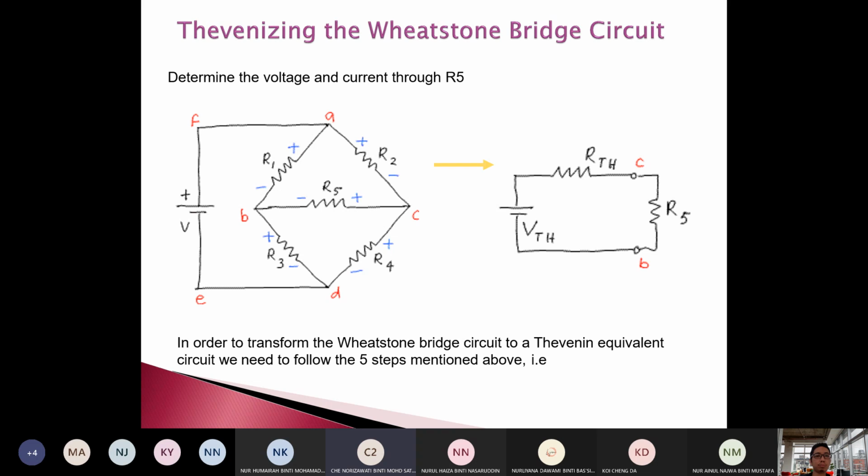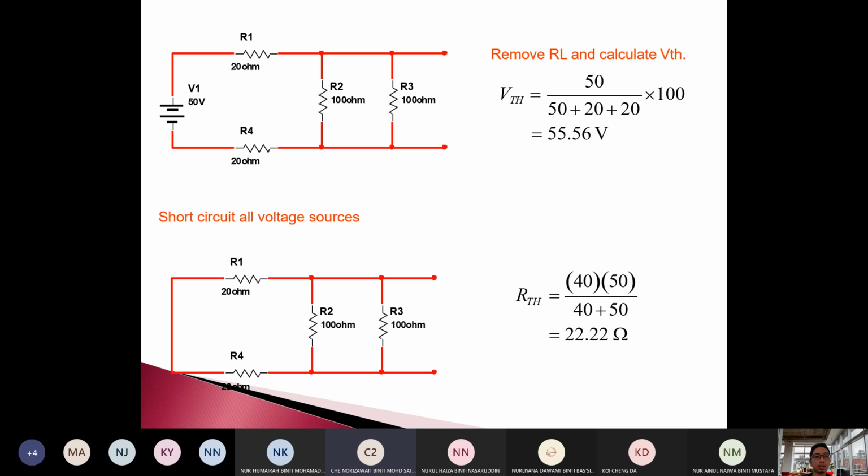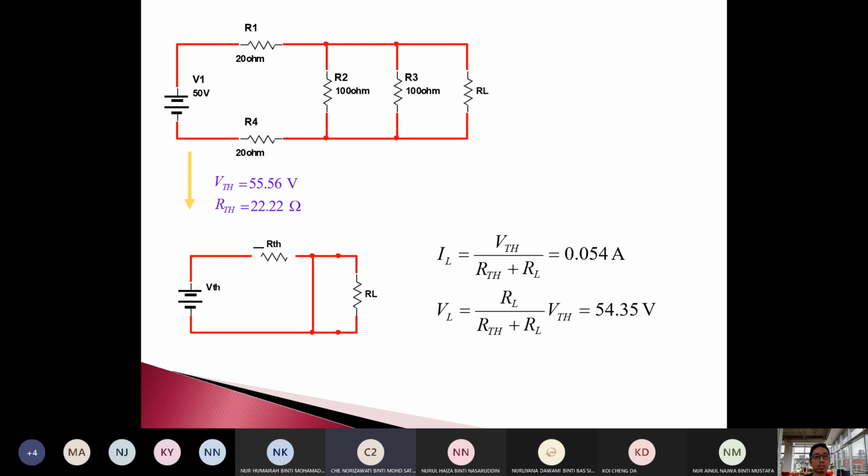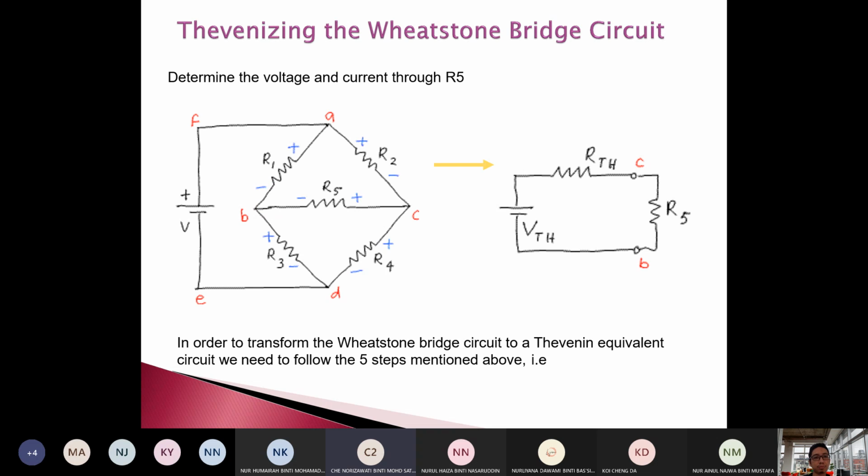All right, the way you do it is you just follow the steps like this one. First, you need to make it an open circuit. When you make it an open circuit, you will know what your R equivalent is.